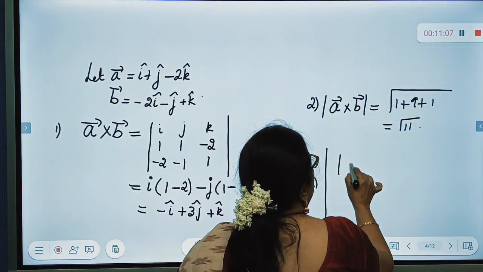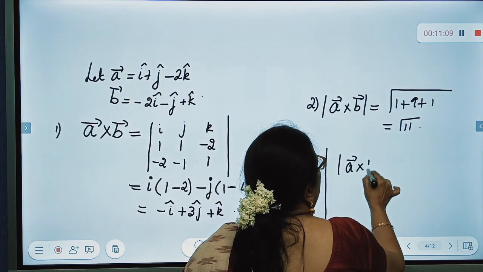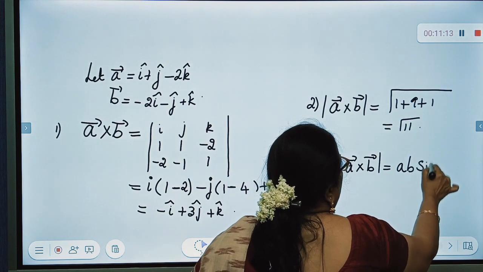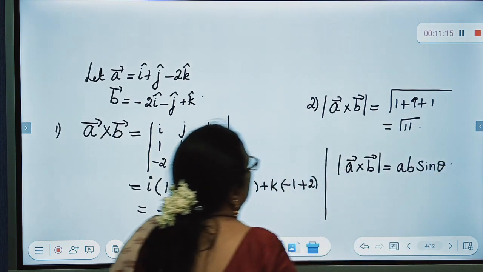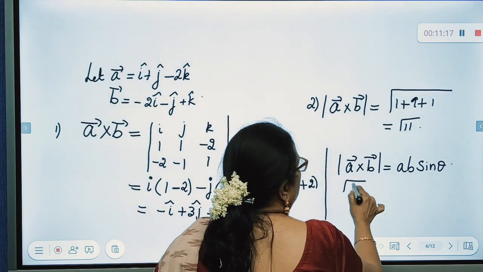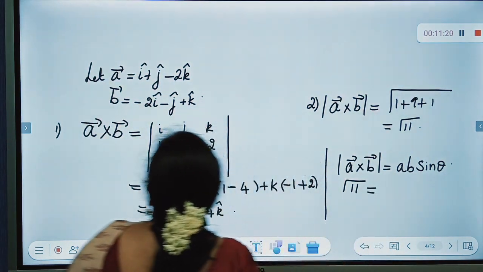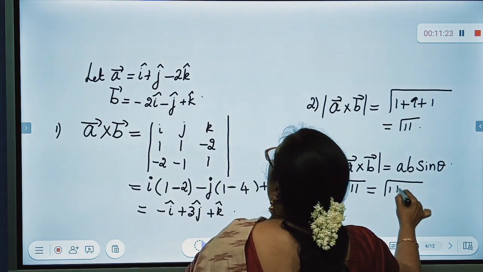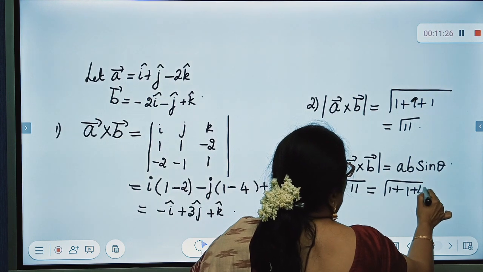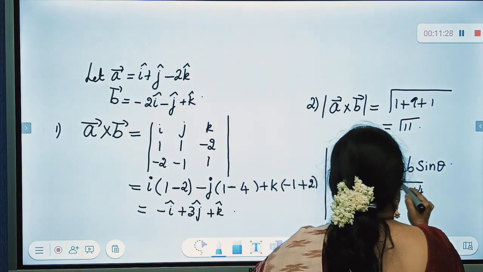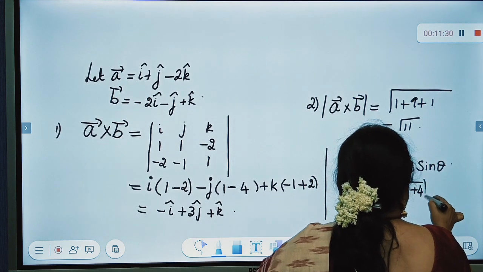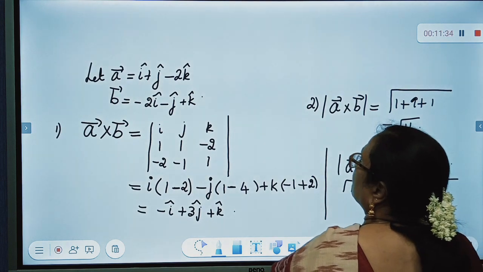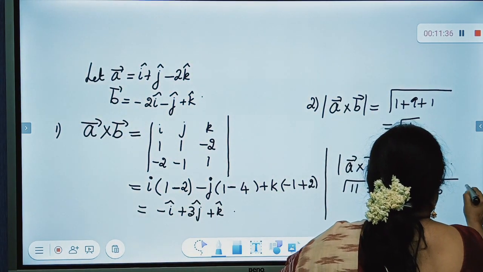Modulus of A cross B is nothing but AB sine theta. So root 11 is equal to, what is the length of A vector? Root of 1 plus 1 plus 4, times root of 4 plus 1 plus 1, into sine theta.